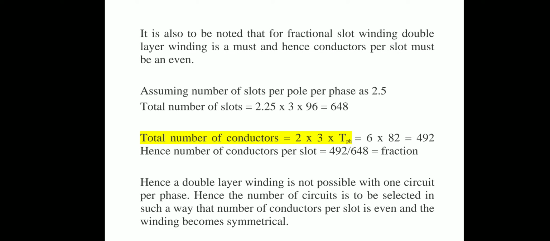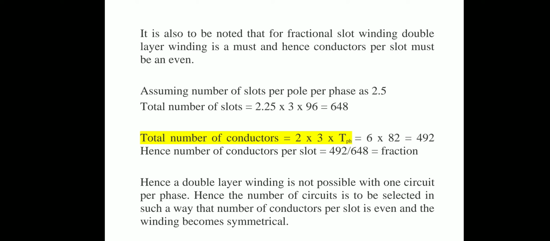We want to calculate the number of conductors per slot. 492 divided by 648 is coming as a fraction. Hence a double layer winding is not possible with one circuit per phase. It is obviously clear from the above statement, which is coming as a fraction.